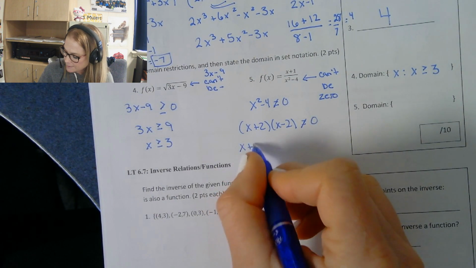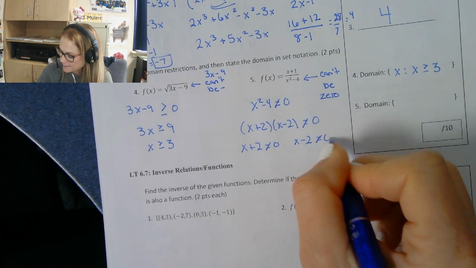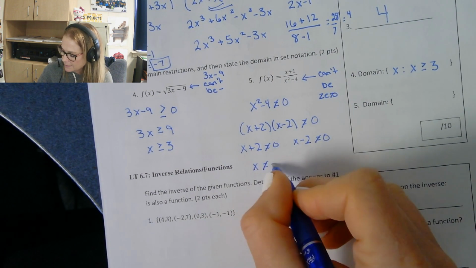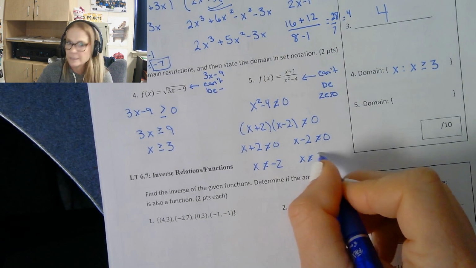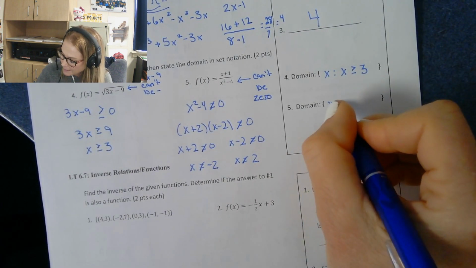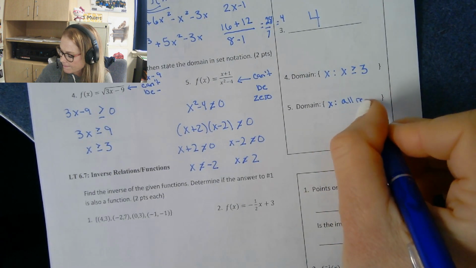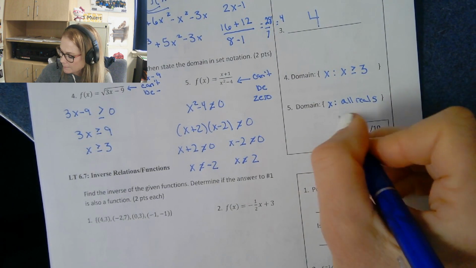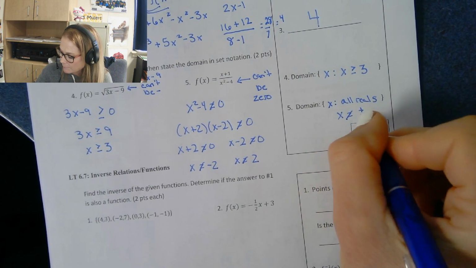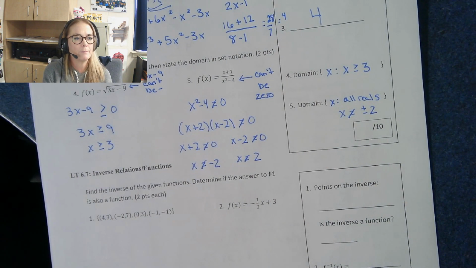So x plus 2 cannot be 0, and x minus 2 cannot be 0. So x cannot be negative 2, and x cannot be 2. So this domain is basically x such that x is all reals, but x cannot be plus or minus 2. It could be everything else but plus or minus 2.